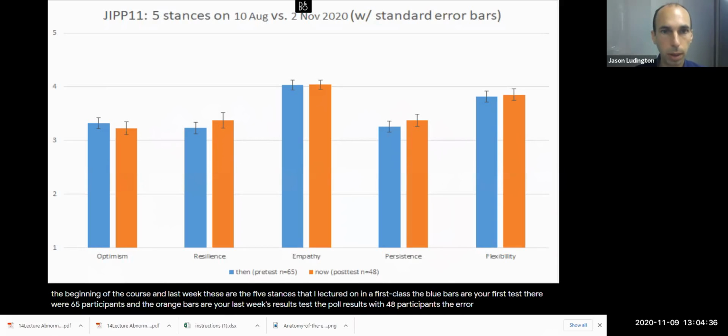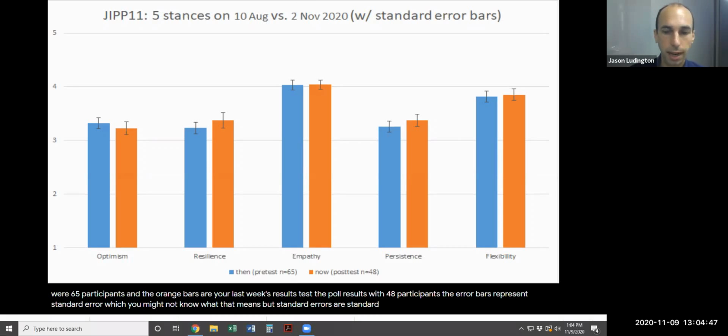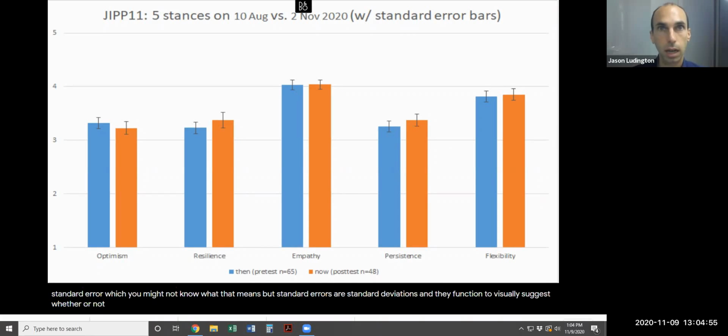The error bars represent standard error, which you might not know what that means, but standard errors are smaller than standard deviations, and they function to visually suggest whether or not different bar length or height is a significant difference or just a non-significant difference.